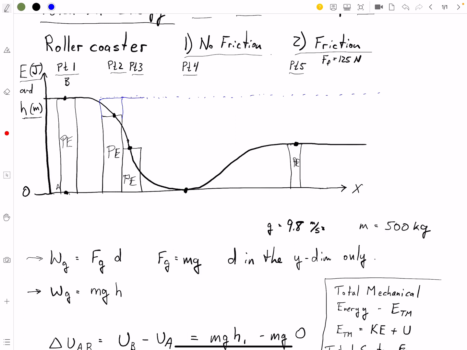And what happens when you get on a roller coaster and start going down? You pick up speed, right? So it's at point 4 that you're going to be going the fastest, which means that the kinetic energy is greatest. Kinetic energy.